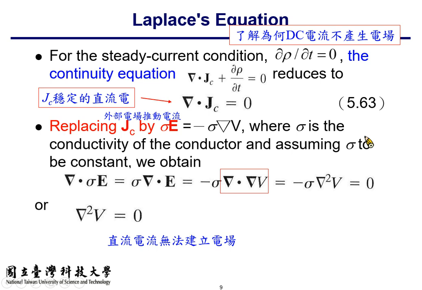We know the time derivative of rho equals 0 as well. Then the divergence of J, which is the DC current, equals 0 as well. And what we're going to do is replace J with sigma times E. What is sigma?